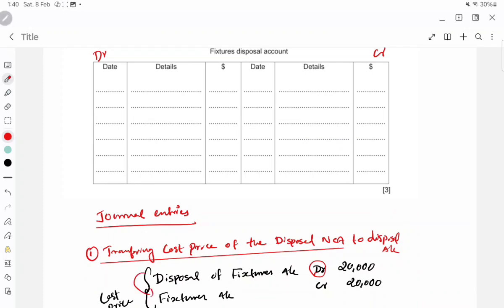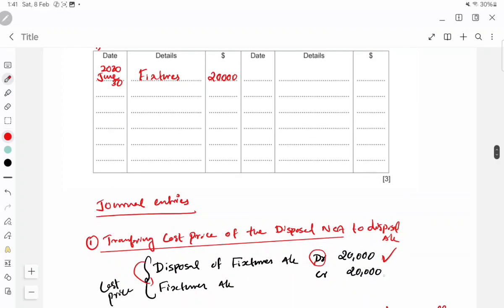I'm writing here fixtures account, and the amount is 20,000 at the cost price. Write the date also: while selling, June 30th, 2020. So one entry is done.